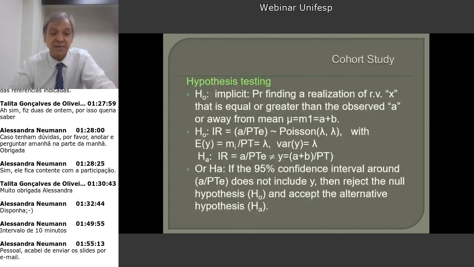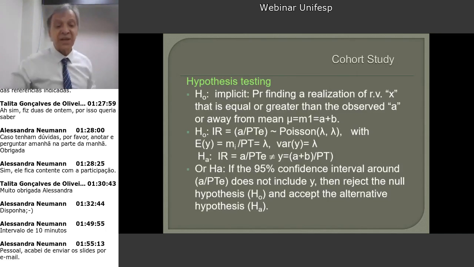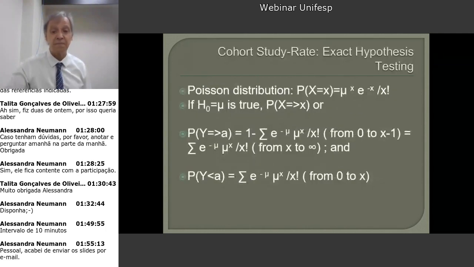The null hypothesis basically says A over PT1 equals M1 over PT. So the alternative hypothesis: if the 95% confidence interval around A over PT1 does not include M1 over PT, then reject the null hypothesis H0 and accept the alternative hypothesis HA.